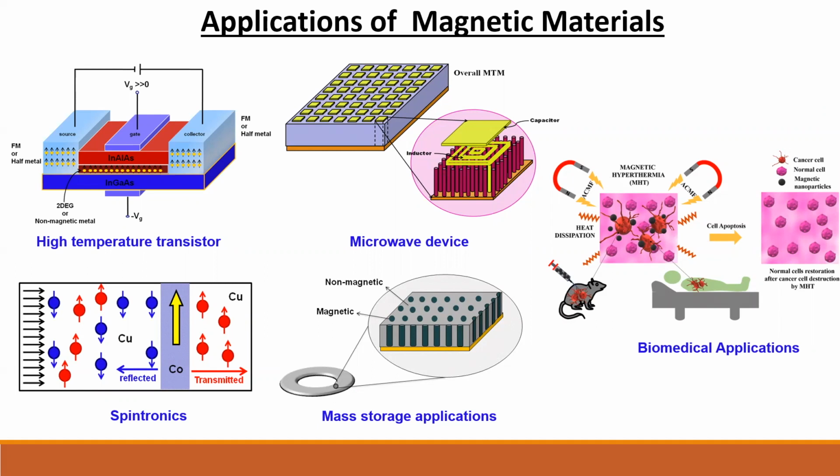The microwave devices, as the frequency with which the magnetization process occurs is of the order of gigahertz. So we can utilize these materials for microwave devices. They are much more advantageous, because if we apply an external RF magnetic field in a direction perpendicular to the external magnetic field, resonance will occur.